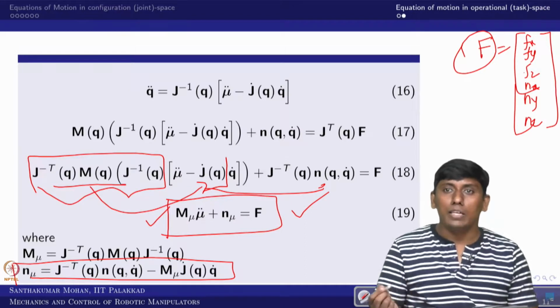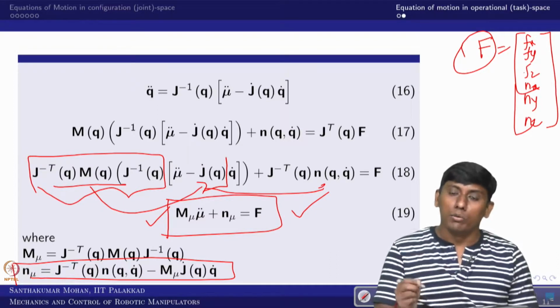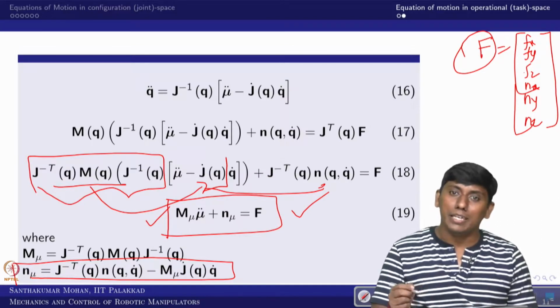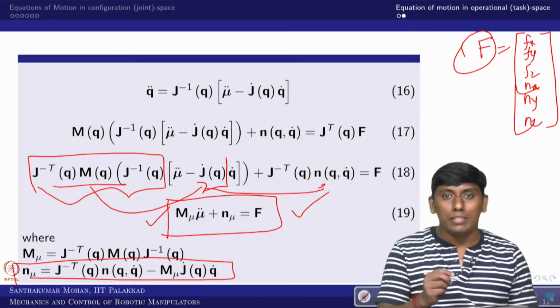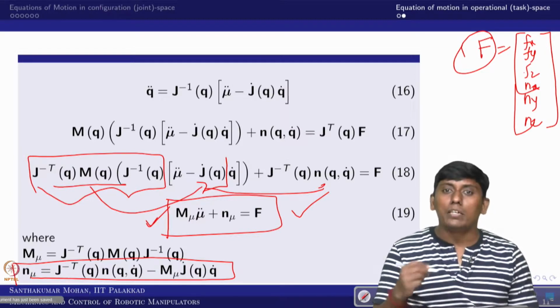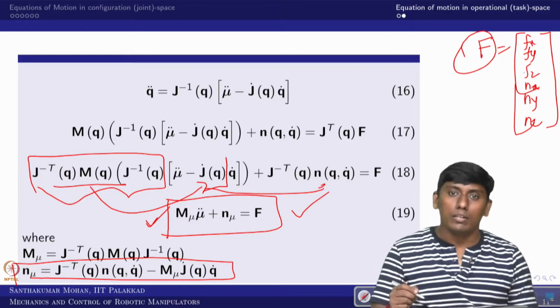Now what we have come across in this particular lecture is what the equation of motion is. That equation of motion can be written in two different spaces. One is the operational space, which we have derived here, but more convenient is the configuration space, or joint space.